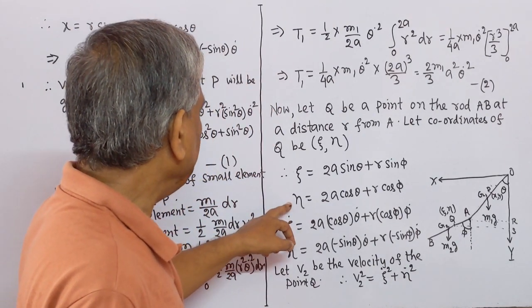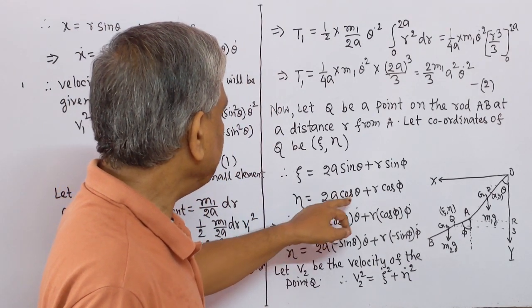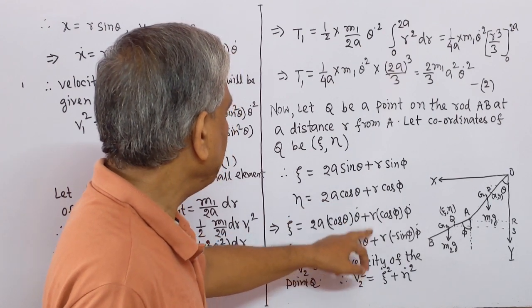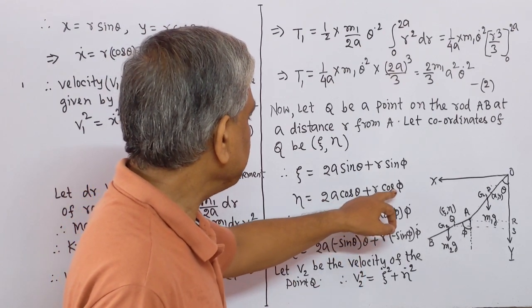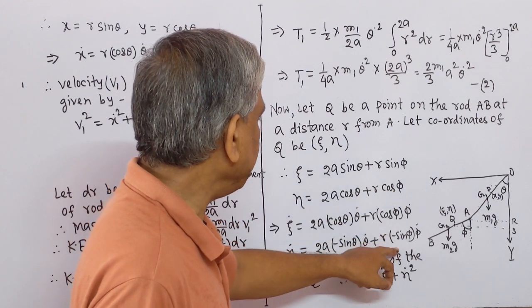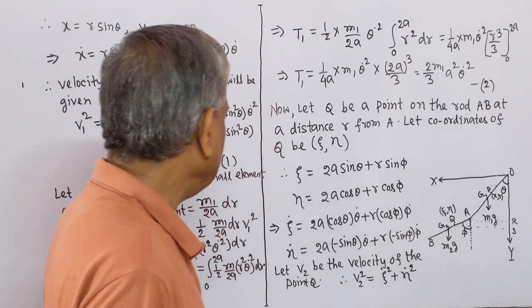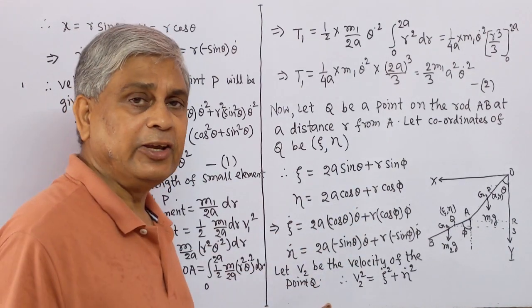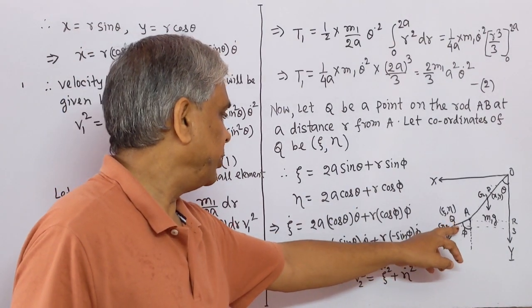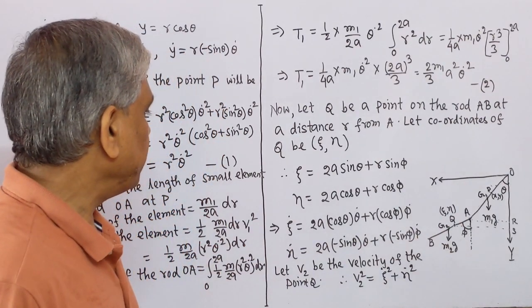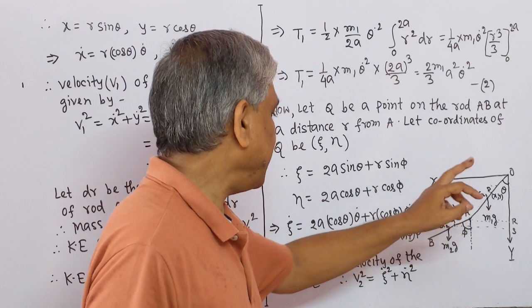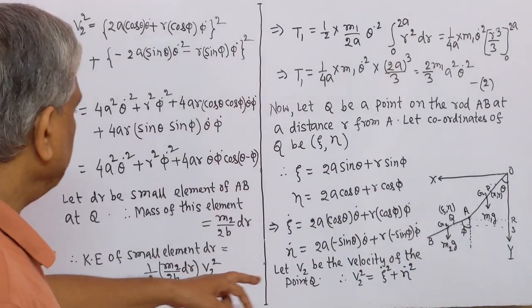Similarly, eta dot equals minus 2a sin theta theta dot minus r sin phi phi dot. Let V2 be the velocity of the point Q. Therefore V2 square equals xi dot square plus eta dot square.